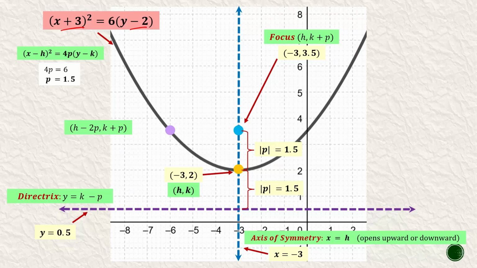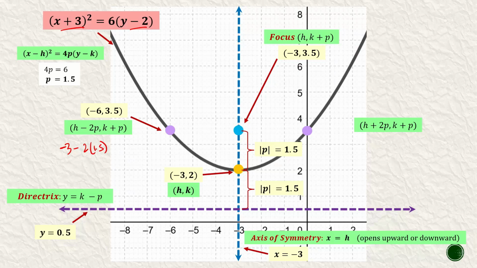So negative 3 minus 3 is equal to negative 6. So let me just write that down. Negative 3 minus 2 times 1.5. There you go. That's going to give us negative 6. And then for the y coordinate, that's the same as the y coordinate of our focus, which is 3.5, k plus p.